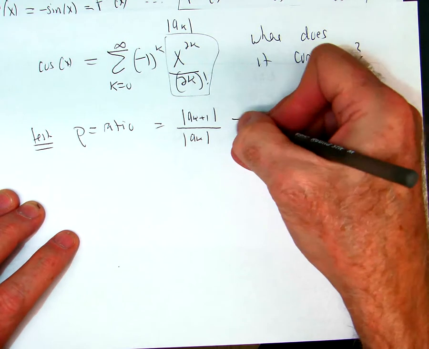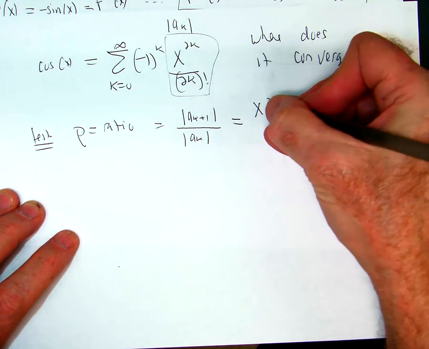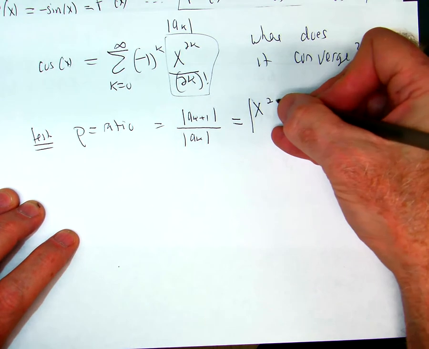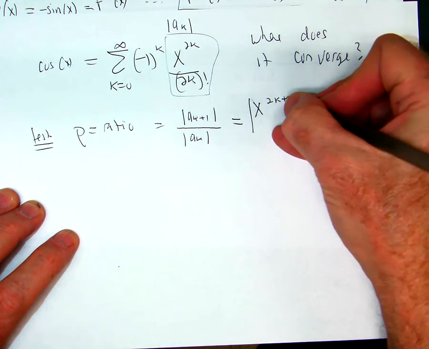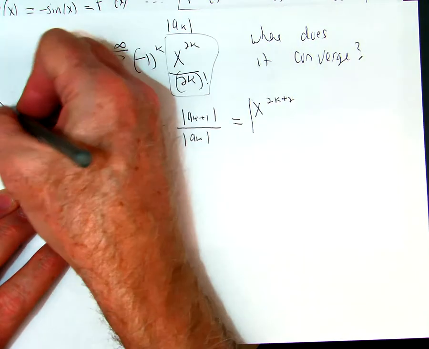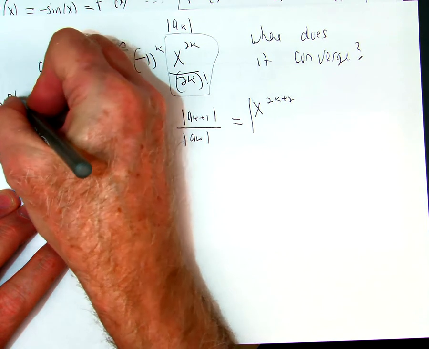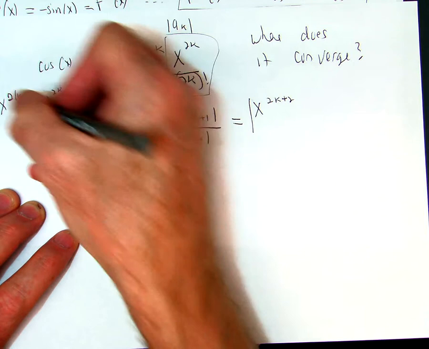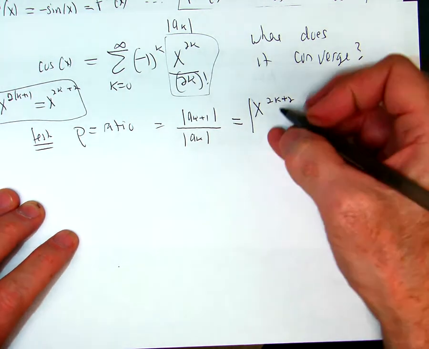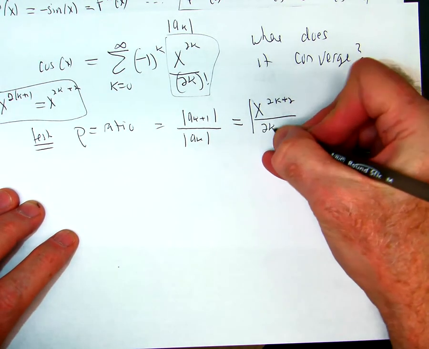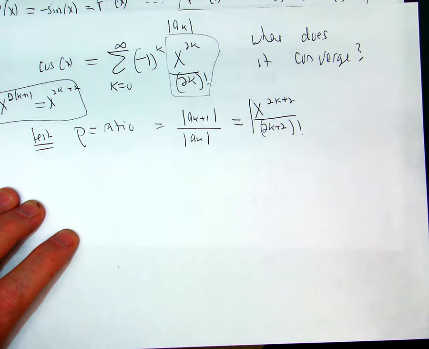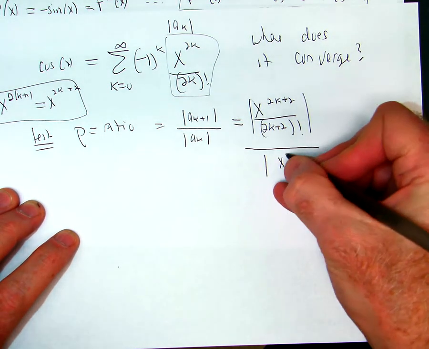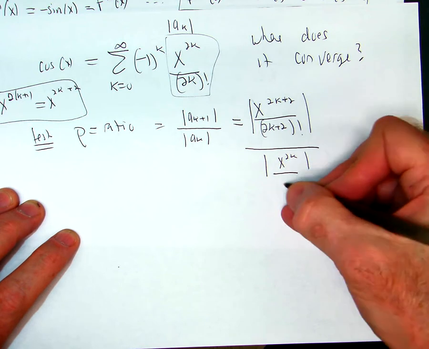Okay, well, that's going to be absolute x to the 2k plus 2. So remember, x to the 2k plus 1 is x to the 2k plus 2. And I'm going to get the same in the bottom, (2k+2) factorial, I have to fix something, over x to the 2k over (2k) factorial.